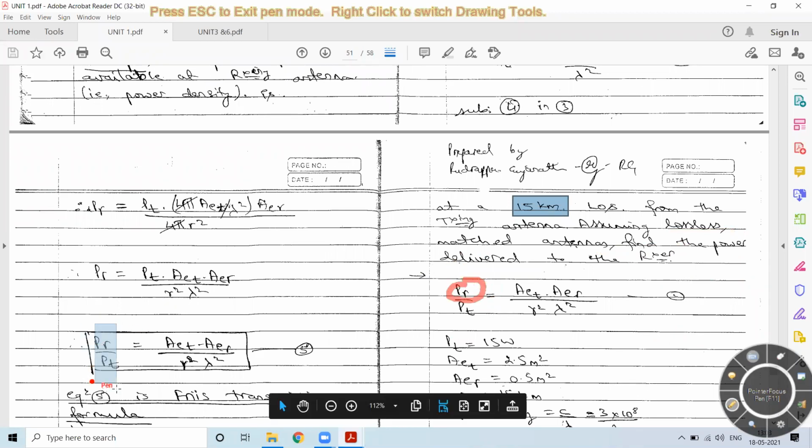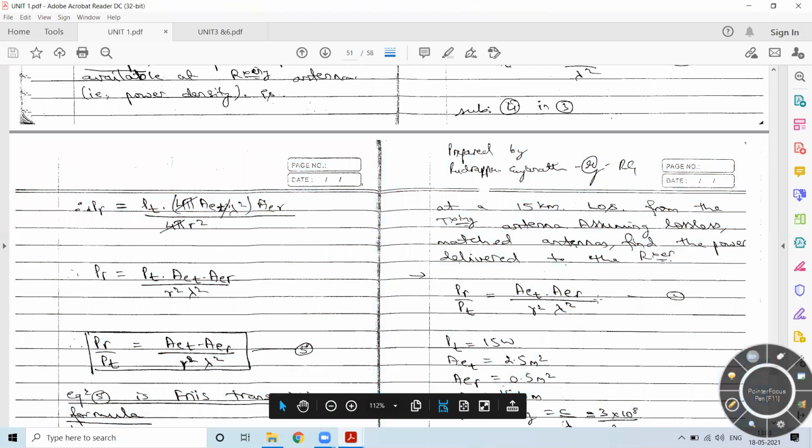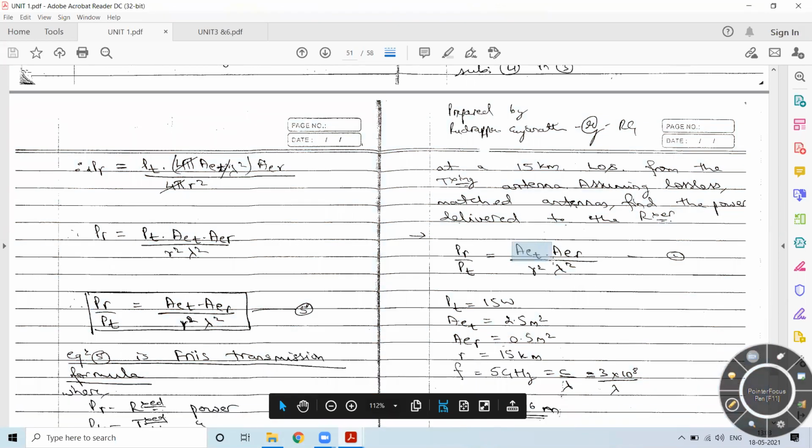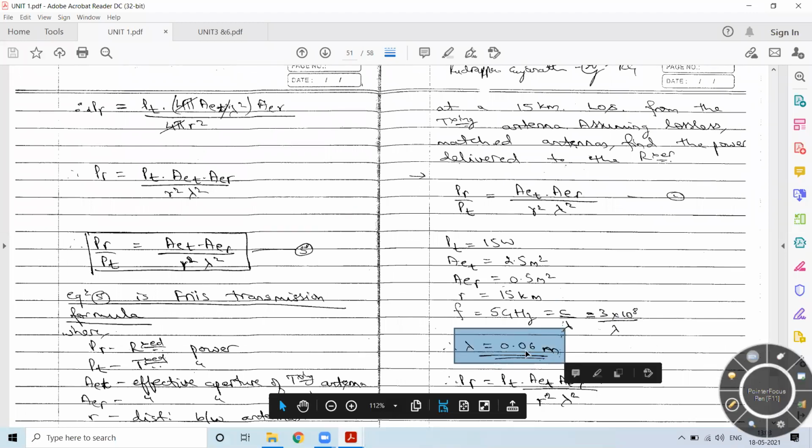From Friis transmission equation, we know that PR by PT is given by AET into AER divided by R square into lambda square. All the parameters are available: AET, AER, R square and lambda square. From this you can identify the lambda value, which turns around 0.06 meter.